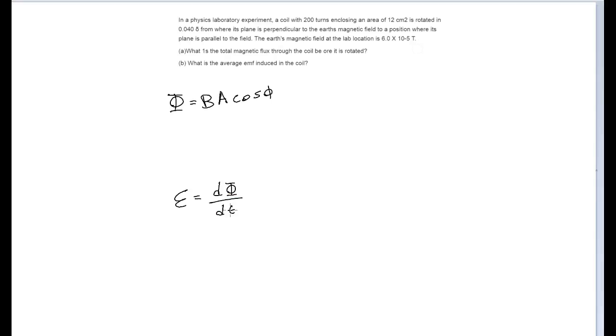So let's write down what we're given. N is equal to 200 turns, and this is problem 29.1. So 200 turns, and it has an area of 12 centimeters squared, and it's rotated from one position to another.